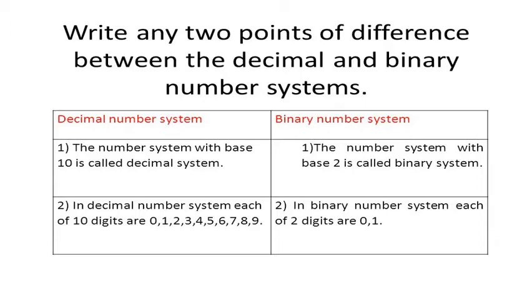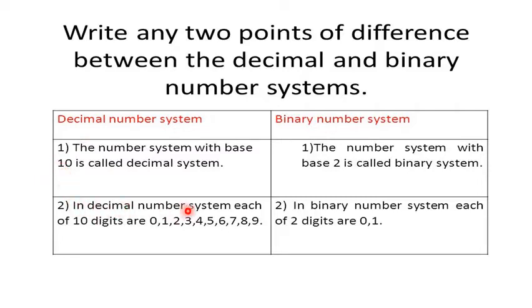Students, here are 2 points for each type of number system, and these are the basic points. If we talk about the decimal number system, the number system with base 10 is called decimal system. And on the other hand, the number system with base 2 is called binary system. Now, it has base 10.